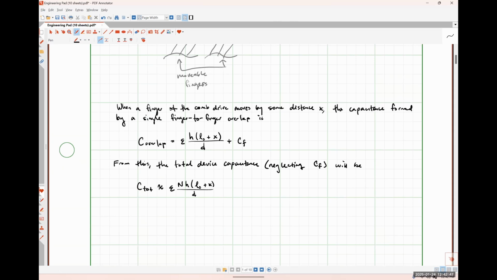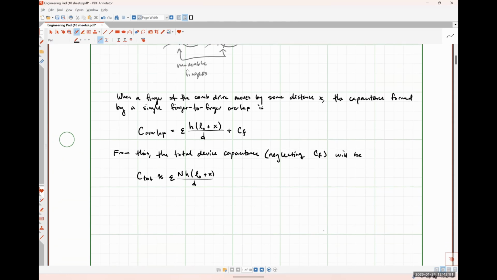So it should scale linearly depending on the number of fingers.